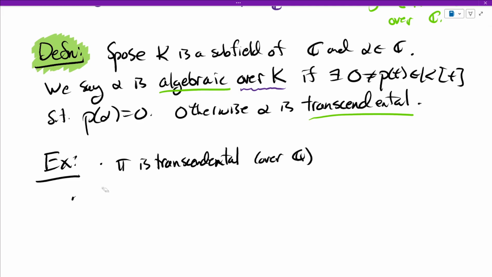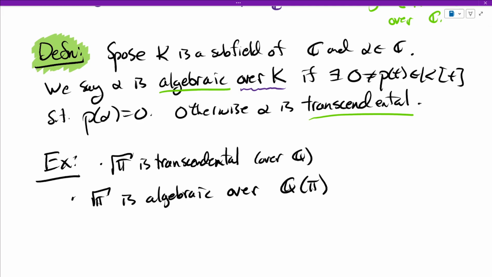also the same is true for the square root of pi, certainly. Because if the square root of pi were algebraic, you could cook up a polynomial that pi would satisfy. But notice that the square root of pi is algebraic over a different field, over Q adjoin pi. Why? Well, it satisfies the polynomial equation t squared minus pi equals 0, and pi is an element of Q adjoin pi.